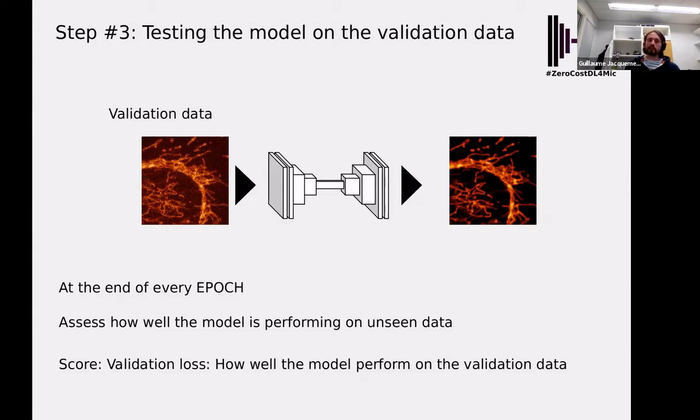Using the validation data, the model will be able to assess how well it's performing on something it has not learned from, some new data that it has not seen before. That's a really useful way by which deep learning can score how well the model can generalize on data that's a little bit different from what is being used for training. And here you will also get another score, which is called the validation loss. So once again, this score will tell you how well the model performs on your validation data.